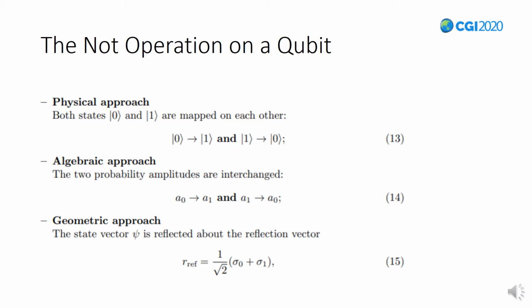The meaning is to reflect about a reflection vector as the bivector between these two basis vectors and normalize it. This is what this formula means.